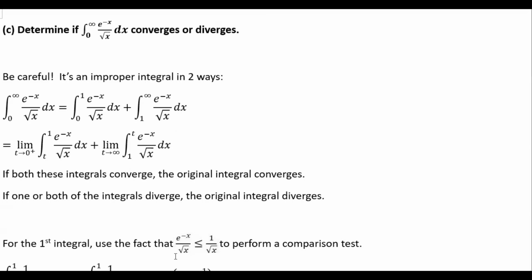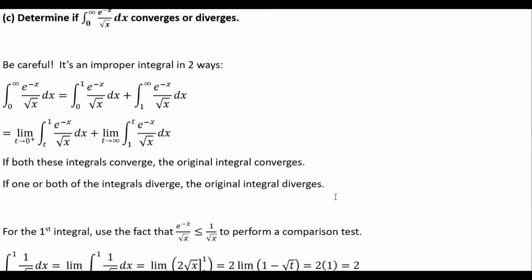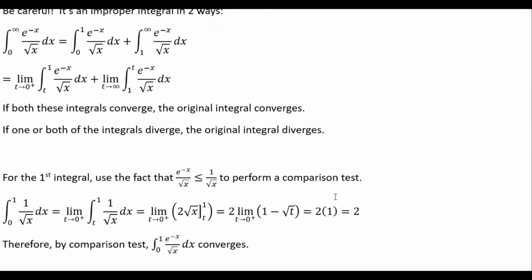Since we're dividing by more stuff, it's going to be smaller in the final value. So this improper integral, if we do the math, converges. So by comparison test, this integral converges as well.